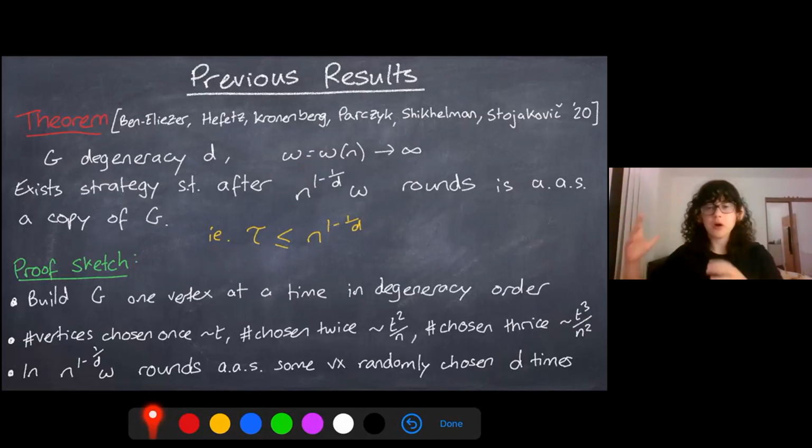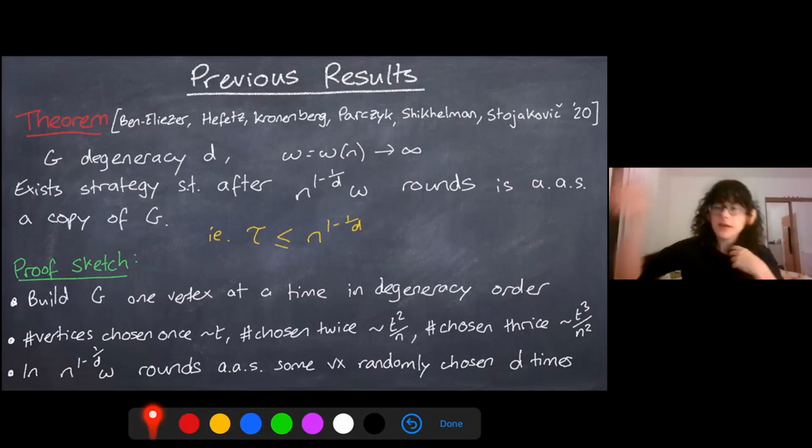So in the ith block, we're going to try and add the ith vertex to our copy of G so far. How we're going to do that is every time the random process picks a vertex, we treat that as if it was the ith vertex and we add an edge to our current copy of G. If the random process picks that vertex a second time, we add a second edge appropriately.